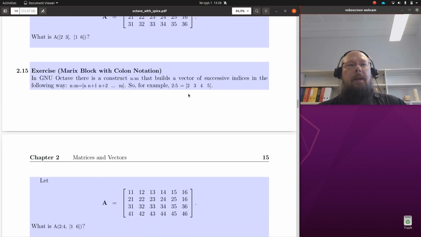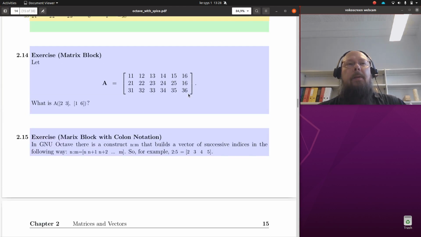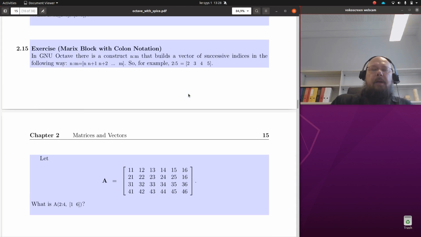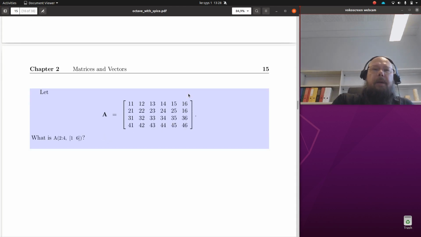Combined with this is a slightly more complicated exercise than 2.14, but not too much. A matrix A is given, like this. Apparently there is a typo here: it's 1,6, it should be 2,6, but it doesn't change the exercise, so let us have it like that.